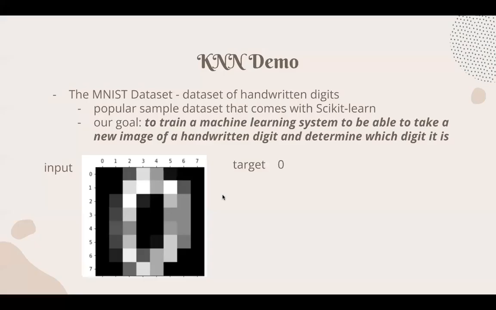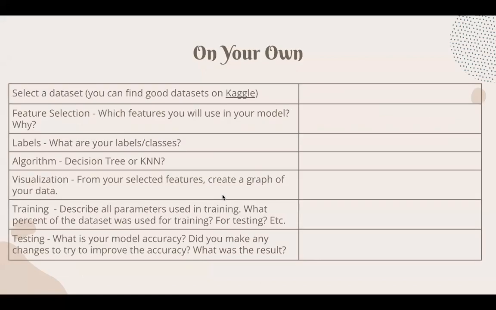Now that we've gone through both demos, I want you to go through what we have learned and find your own data set on Kaggle, or on any other platform. Kaggle is a really good way to do this. You do have to make your own account, but it's very simple. Then figure out what features you want to use, what classes you want, and what algorithm you're going to use based on the pros and cons we discussed in previous slides.